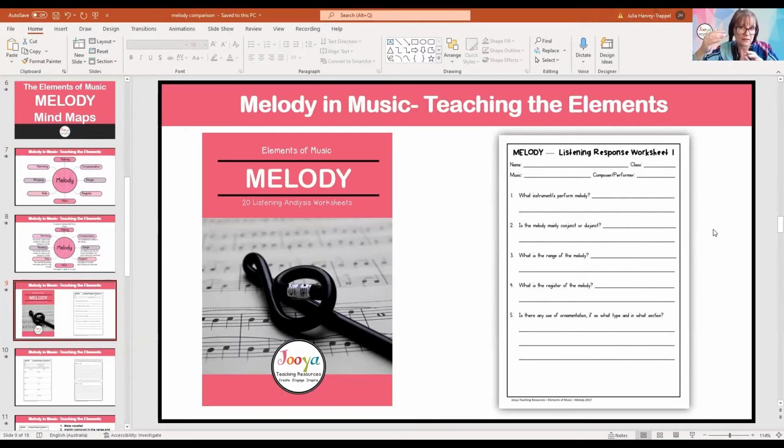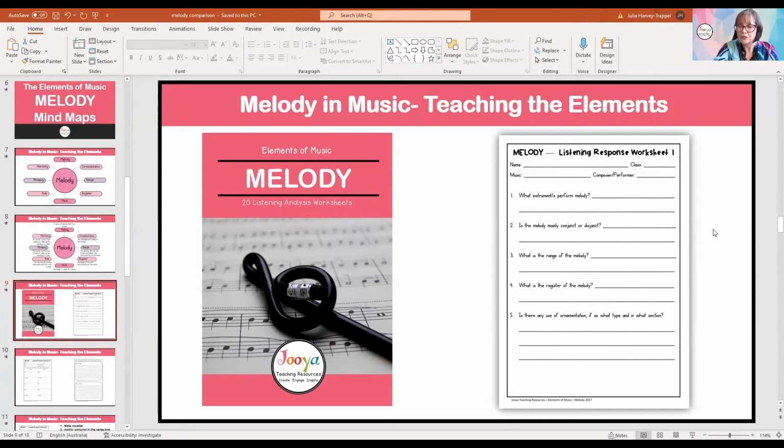Then there's another set of questions that's a little bit harder, and another set that's even harder than that. That's what makes this a really useful resource. It doesn't matter what piece of music you're using, you can answer these questions, unless it doesn't have a melody. Then you maybe can't use it, but most things have a melody.